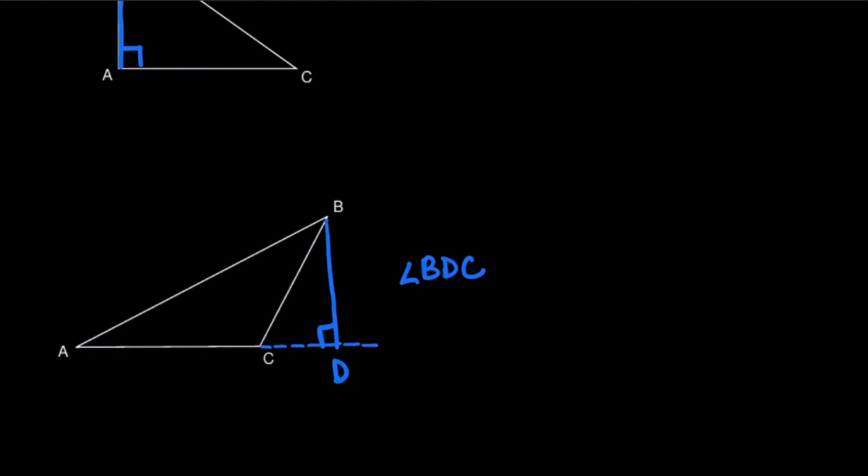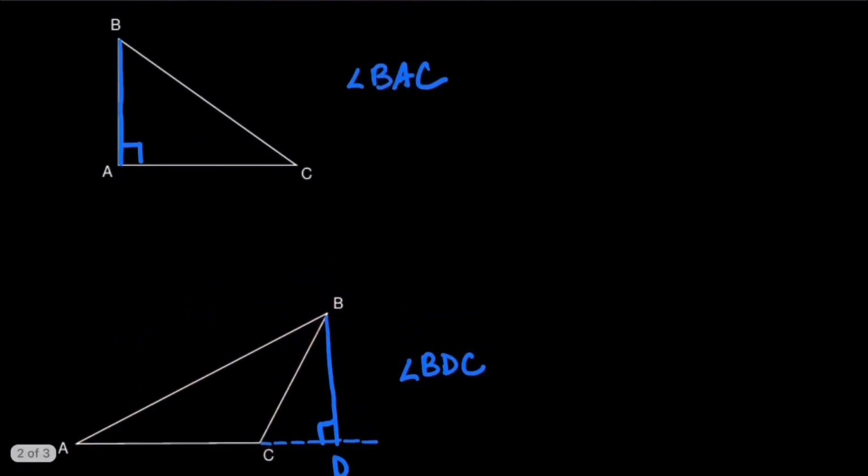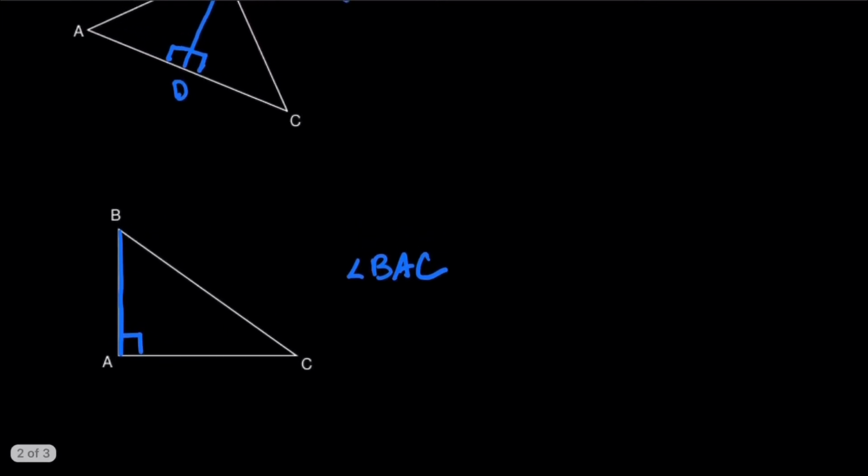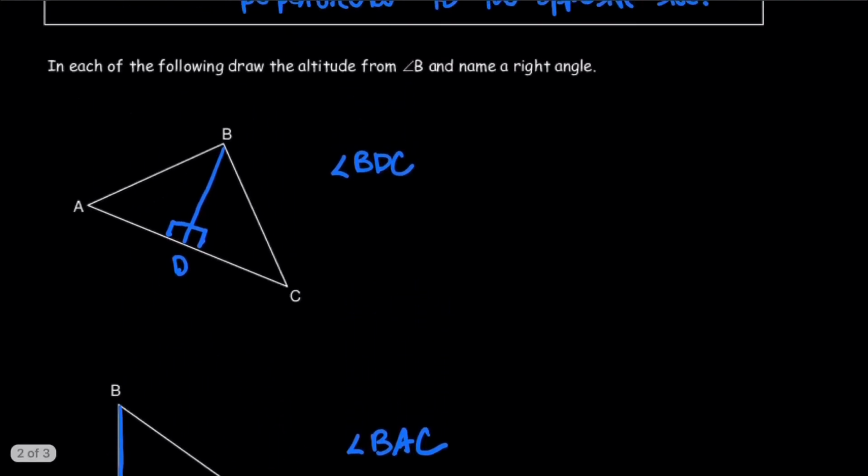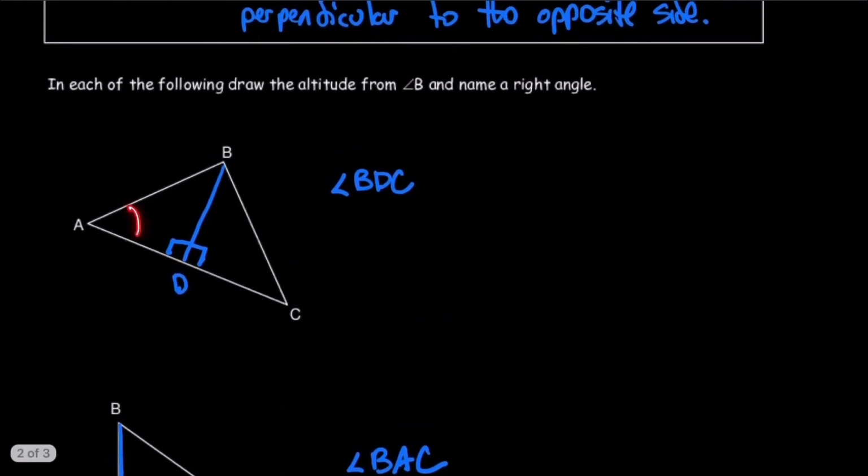Now I want you to notice the different shapes here. This triangle is an obtuse triangle because this angle right here is obtuse. This triangle is a right triangle because this is a right angle. And this triangle is acute because all three of these angles are acute.